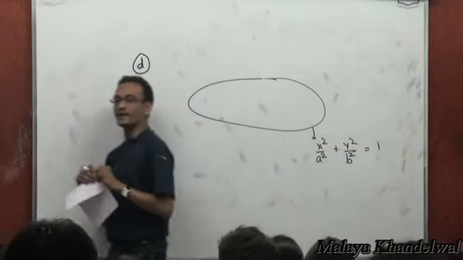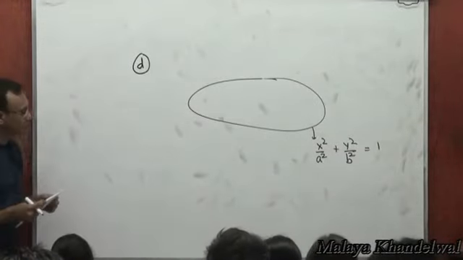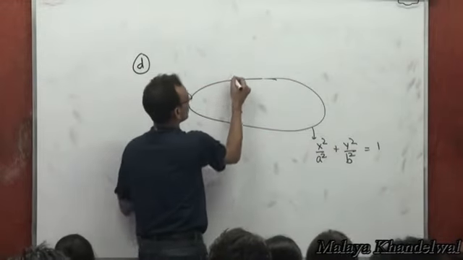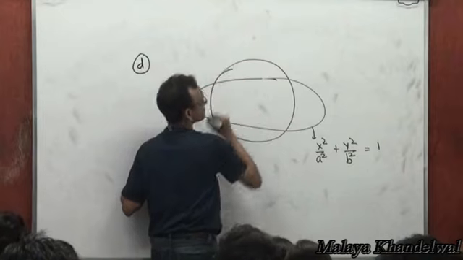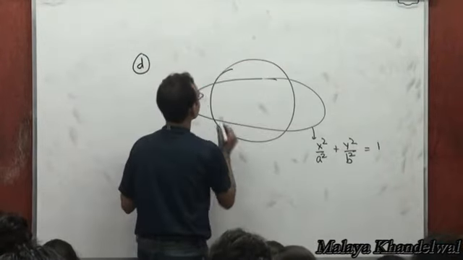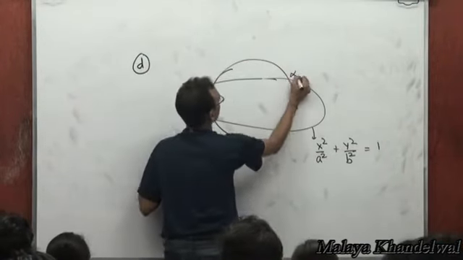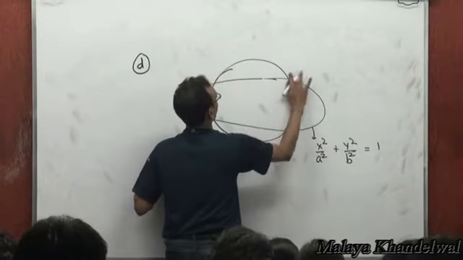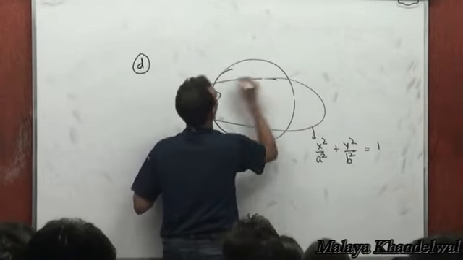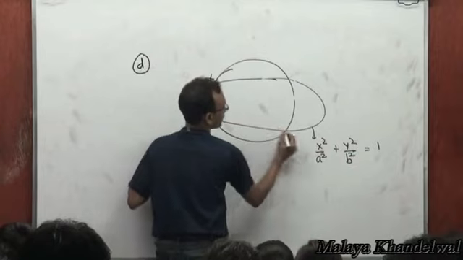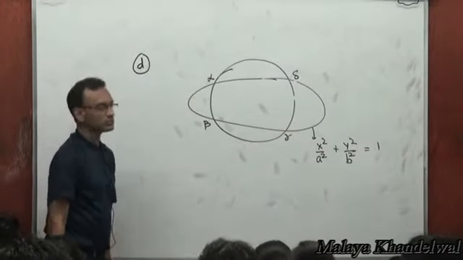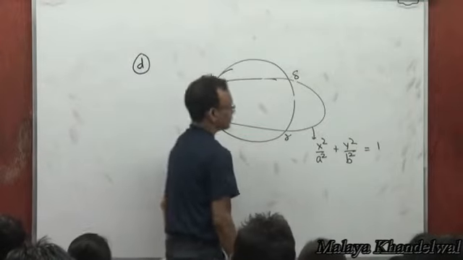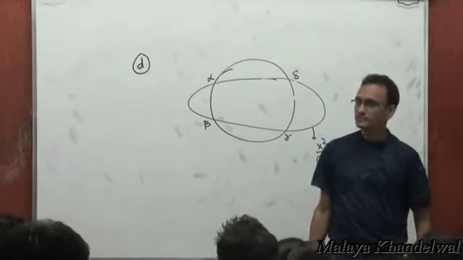And if you recall, if this is a circle, let's say alpha, beta, gamma, delta, right? Then these are 4 concyclic points.